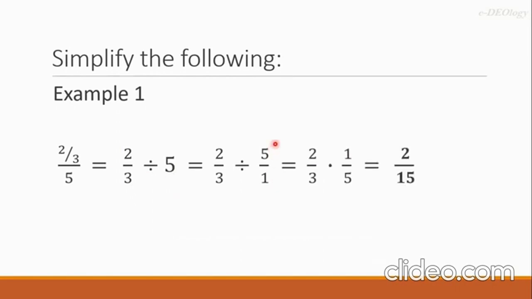Then we follow our rule. We're going to invert the divisor. The 5 over 1 becomes 1 over 5. Then we proceed to our multiplication. So 2 times 1 is 2. 3 times 5 is 15. So 2 over 15 is our final answer.